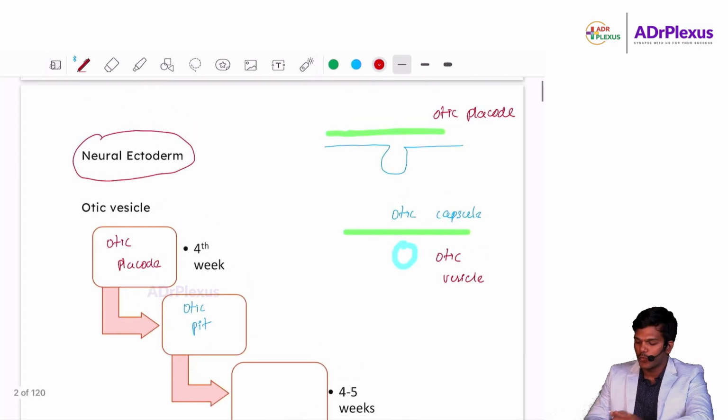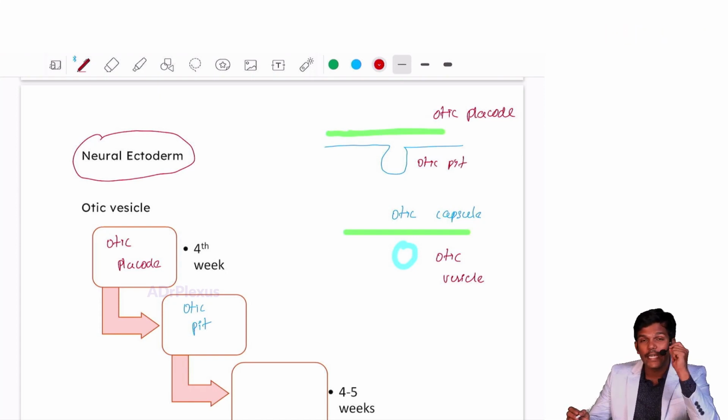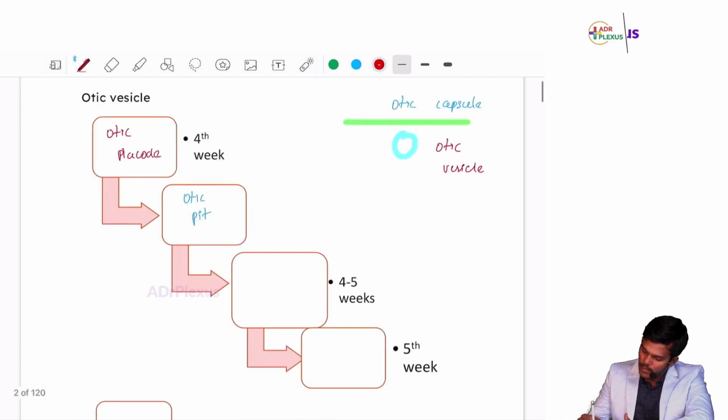Clear? So first otic placode, then otic pit, then it will differentiate into two important structures, otic capsule and otic vesicle. This will happen by 4 to 5 weeks.